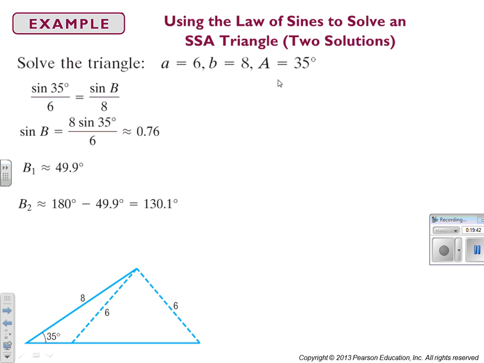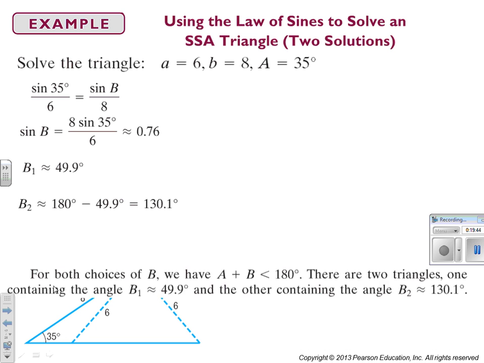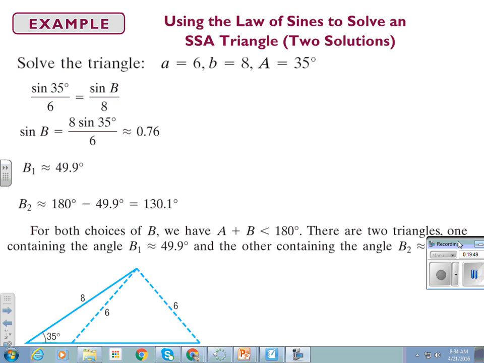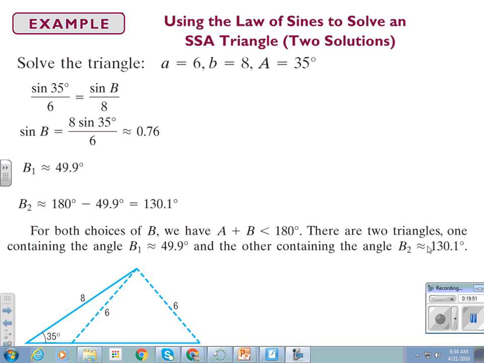Then we add that to 35 and see if we have room or if we're greater than 180. So 130.1 plus 35 is 165.1. Plenty of room for that second option, so this is a two solutions scenario.